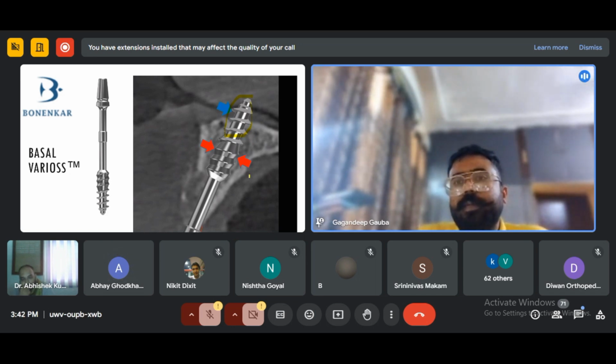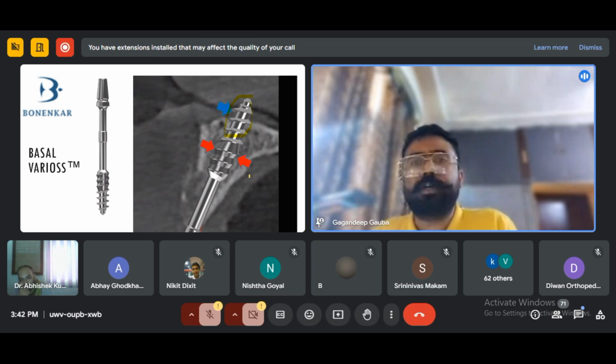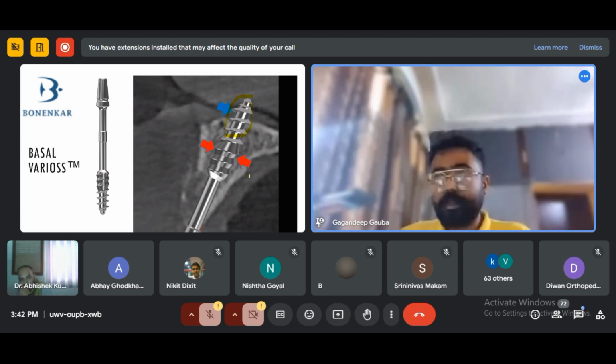So we don't have to remove the implant. We just place the implant once, and one of the two threads will for sure achieve the anchorage. So we don't have to waste the implant, or go through the trauma of removing it and replacing it with another implant. So this is the advantage of going with the basal Varios implants.